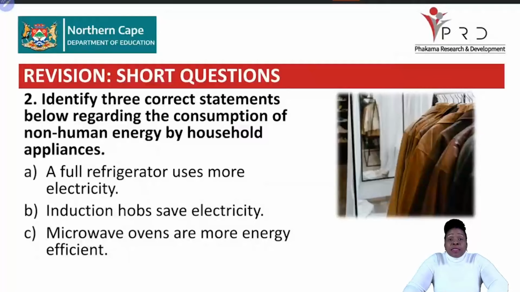The statements are: A, a full refrigerator uses more electricity. B, induction hobs save electricity. C, microwave ovens are more energy efficient.